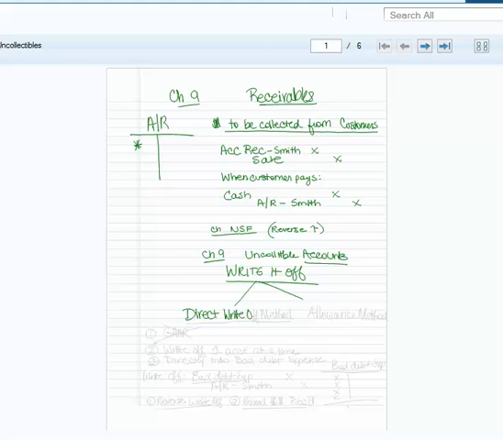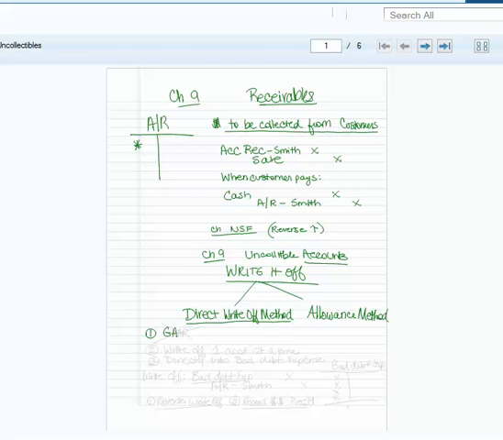You remember these? One is the direct write-off method, and one is called the allowance method. We'll talk about the direct write-off method first. It's the easiest one, okay? Tell me what you remember about the direct write-off method.